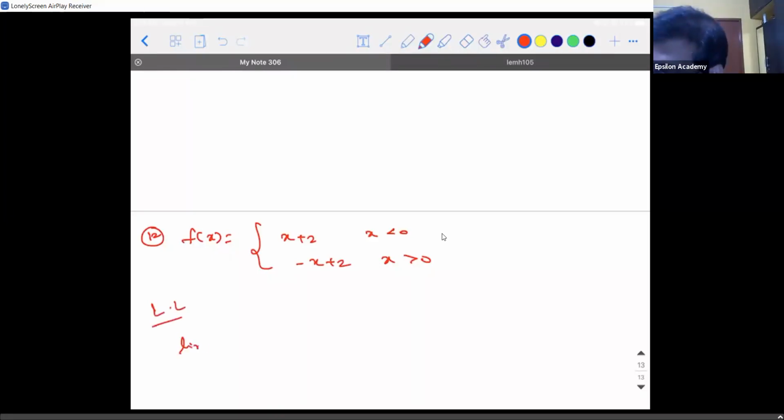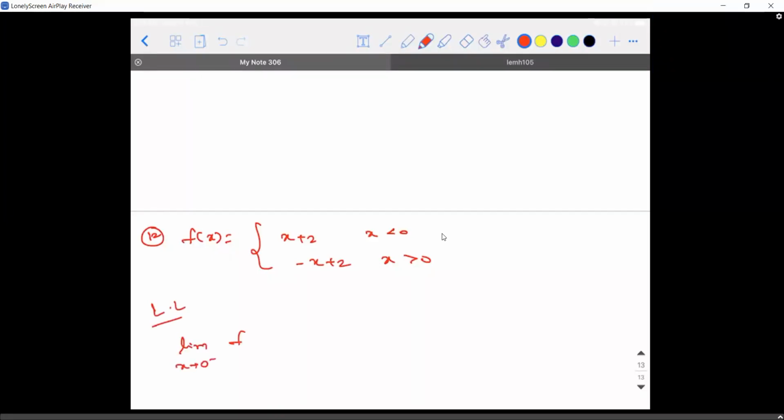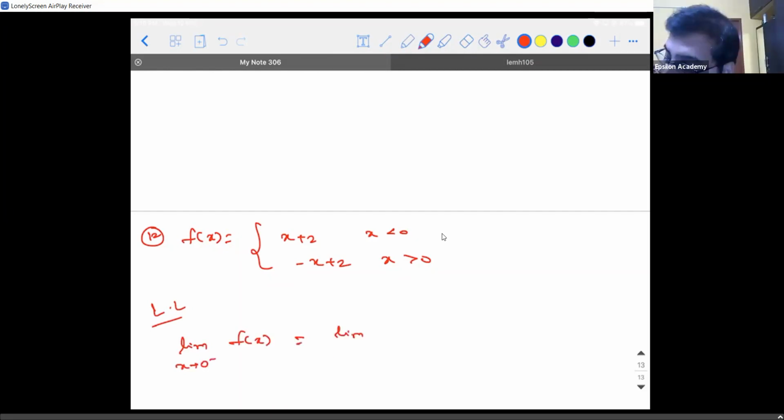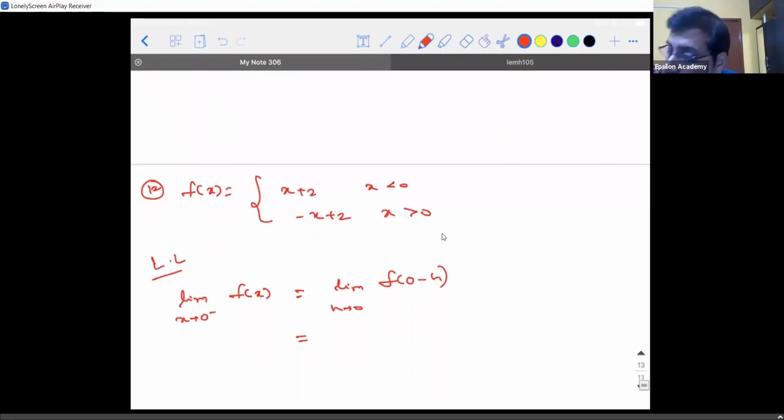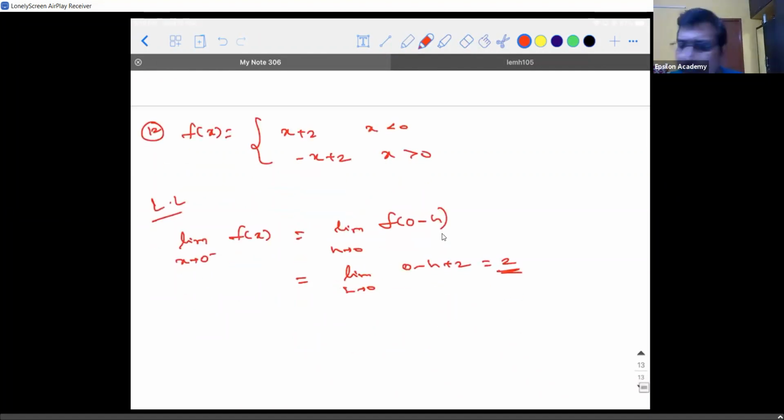Limit x tends to 0 minus f of x is equal to limit h tends to 0 f of 0 minus h. So limit h tends to 0, 0 minus h plus 2, you will get the answer as 2. Similarly, right limit also, you will get it as 2. That part people do it. Since 0 is not a part of the domain, in the given domain, the function is continuous.